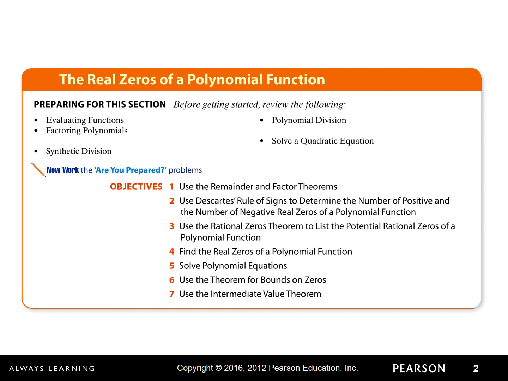The objectives revolve around these two: finding real zeros of a polynomial function and solving polynomial equations. Those are the center of this section. In this video, we will start building toward that by talking about the remainder and factor theorems.